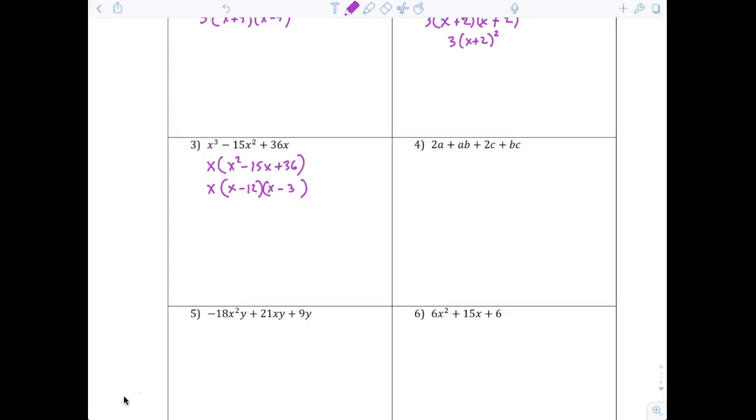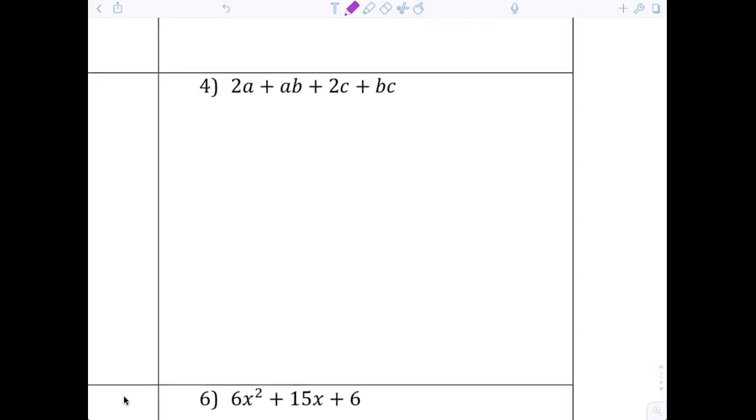All right. Question number 4 now. Again, remember, anytime we see 4 terms, it's factoring by grouping. Come on, guys.